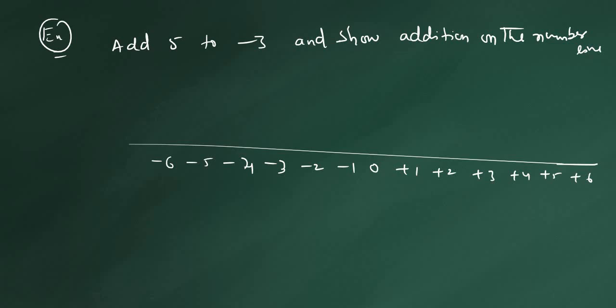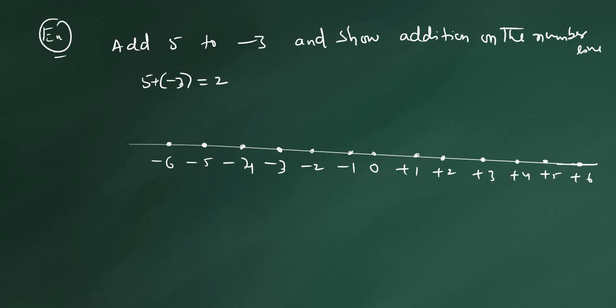So what they have asked is, if you add minus 3 to 5, what will come? 2 will come. So 5 minus 3 we got 2. How can we represent this?